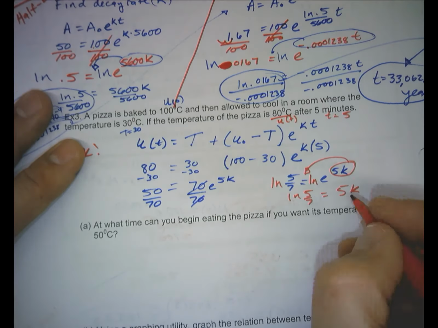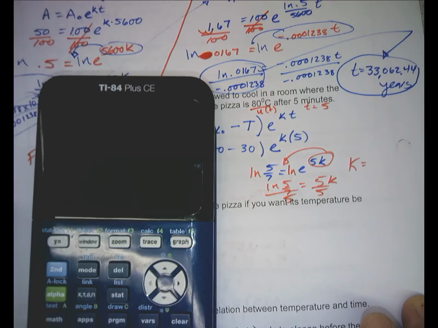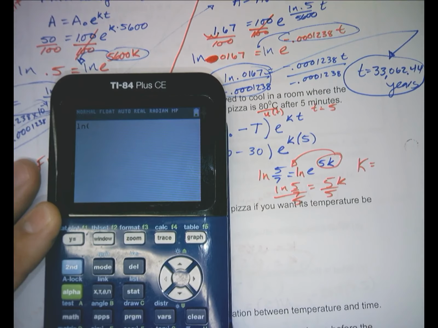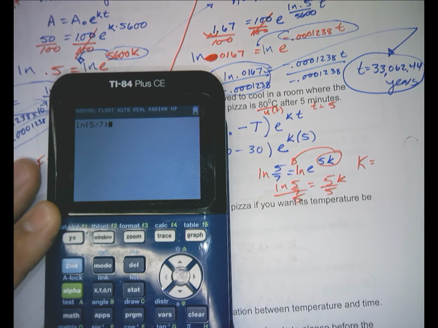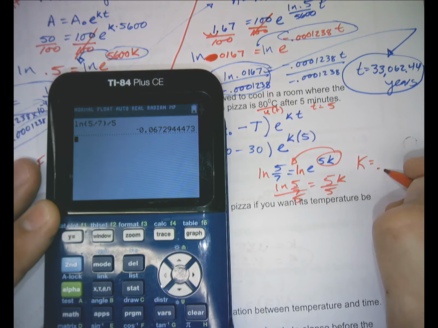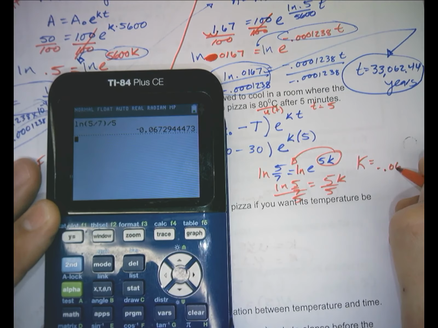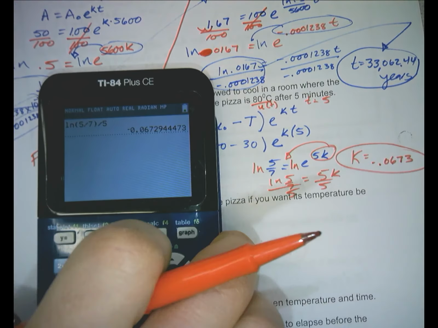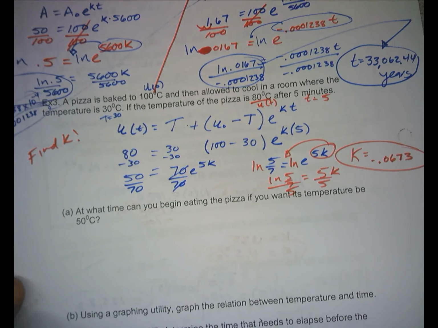And now my cooling rate: type it in. Natural log of 5 divided by 7, close it, and then divide by 5. And I get negative 0.0673. This is the cooling rate for this room.